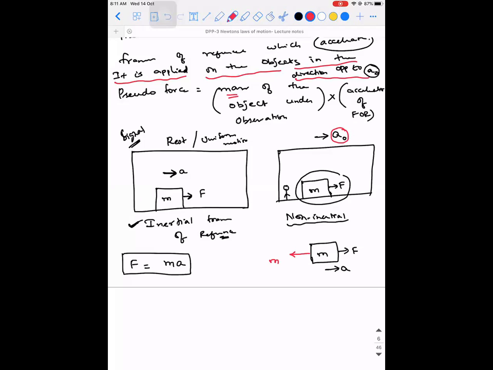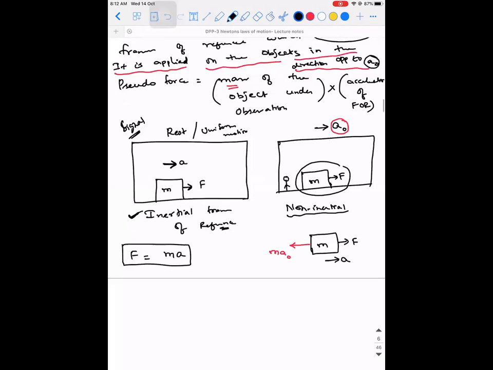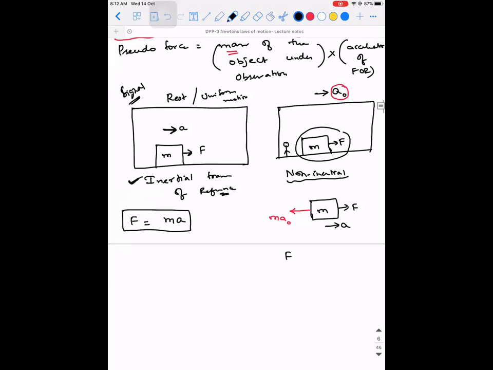That is nothing but the mass of the object under observation, m, into the acceleration of the frame of reference, that is A naught. Did you guys understand this? Now what is going to be the acceleration of the system? F minus m A naught divided by m is the acceleration.